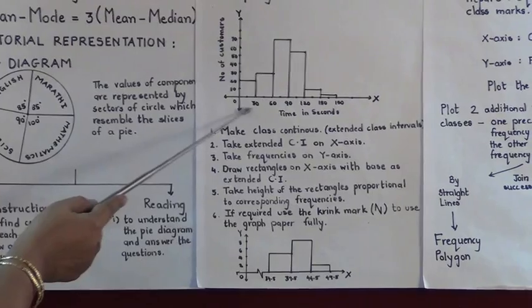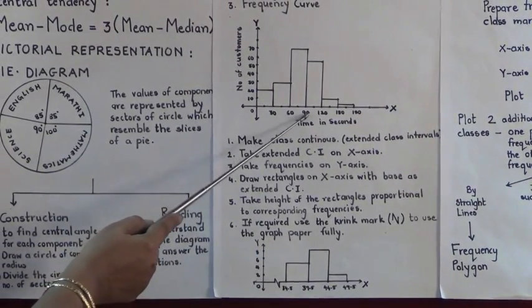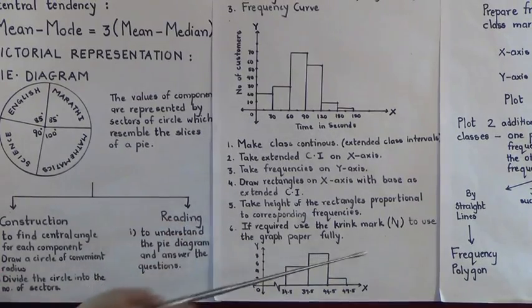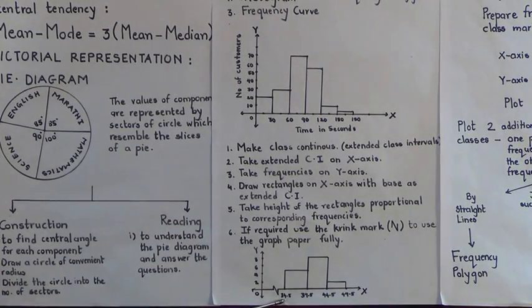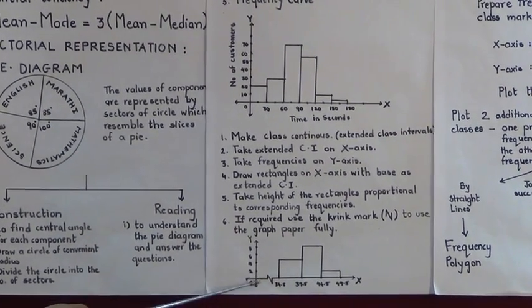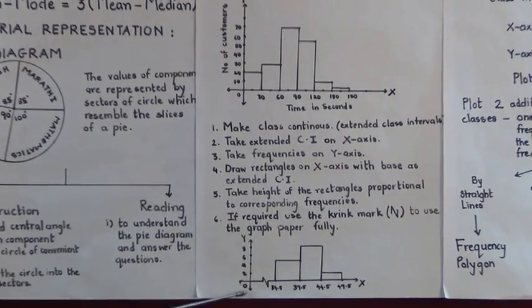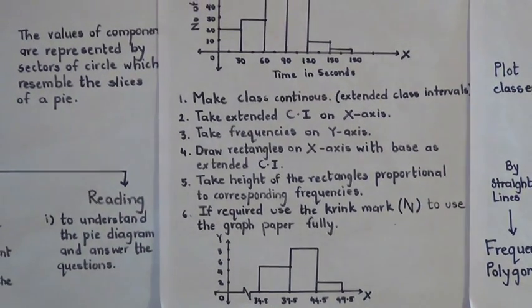For example, here we have scores directly starting from 0, so there are regular intervals of 30. But here we find that the first score begins from 34.5 without a regular interval, so a kink mark is drawn on the x-axis so that the proper scale can be understood on the x-axis.